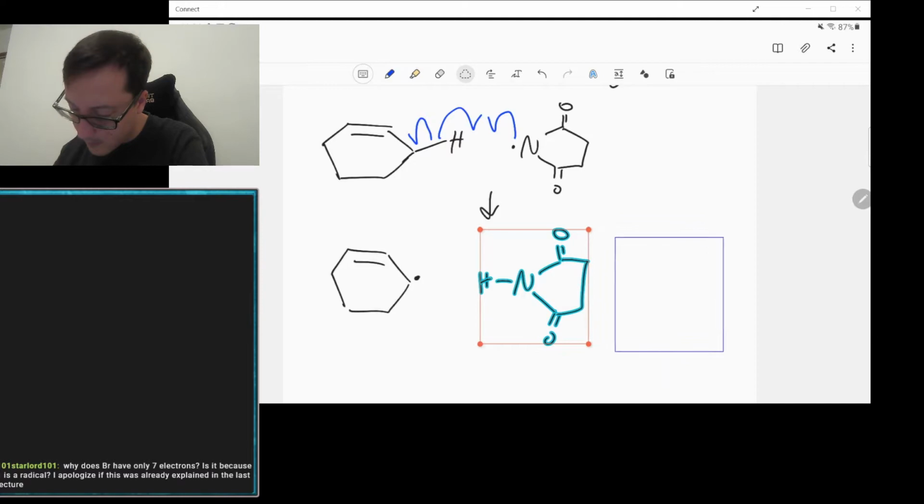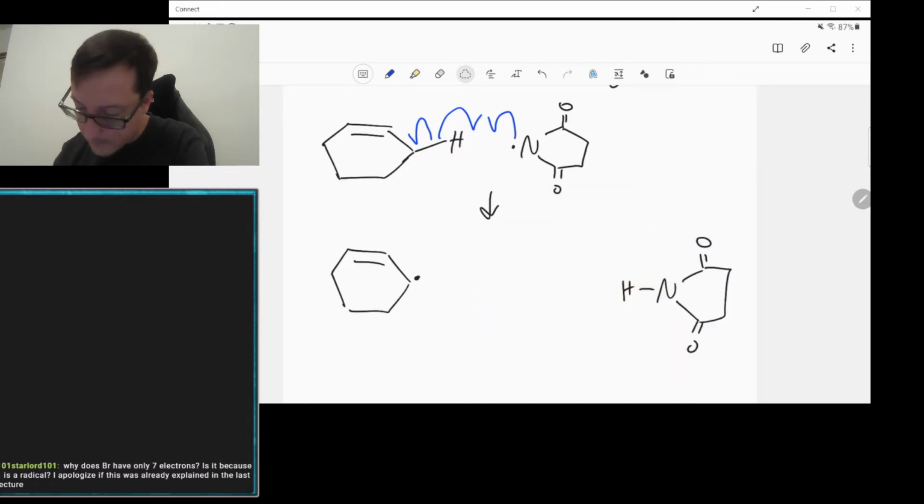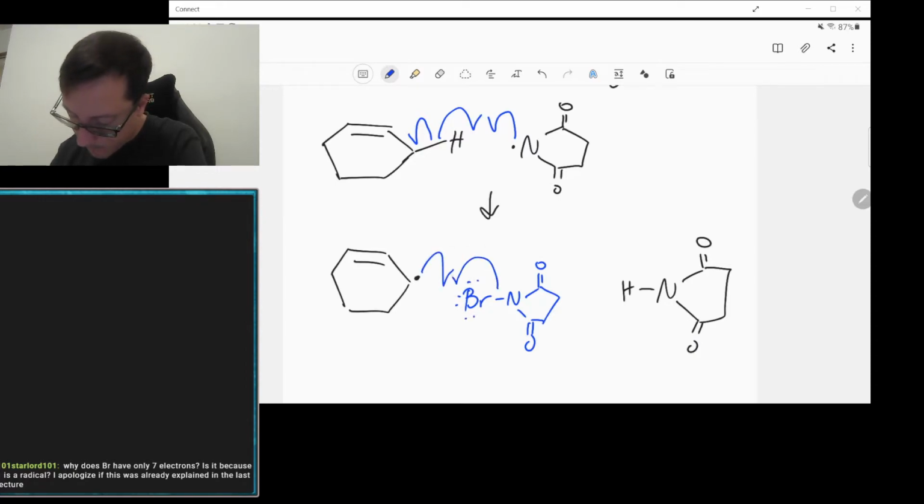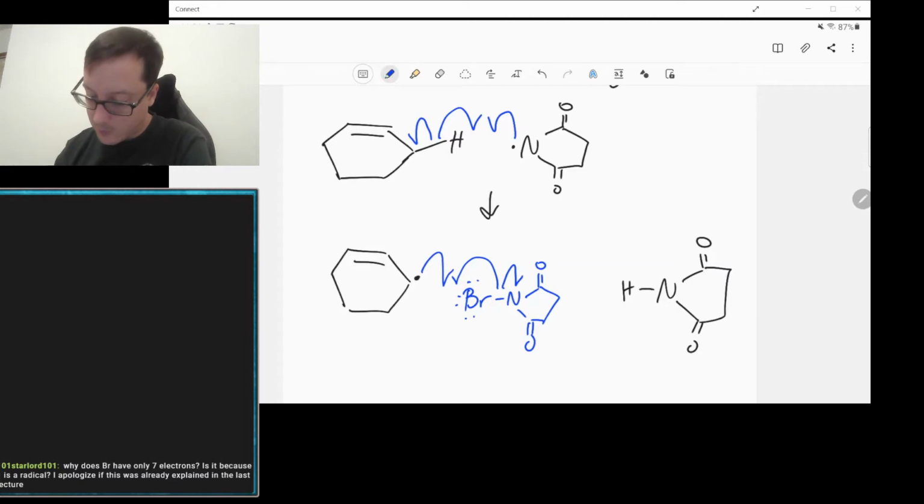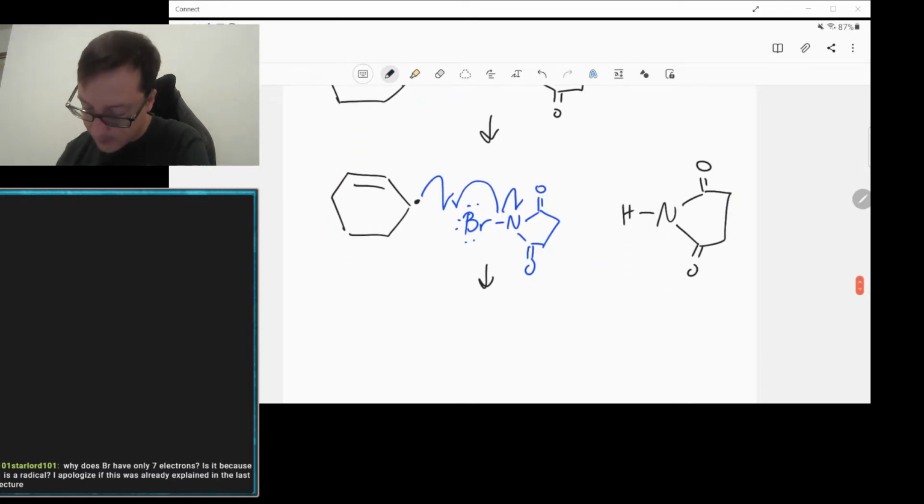Say that this is a side product. Okay, here we go. So we're going to form another succinimide radical, and we're going to have brominated our cyclohexene.